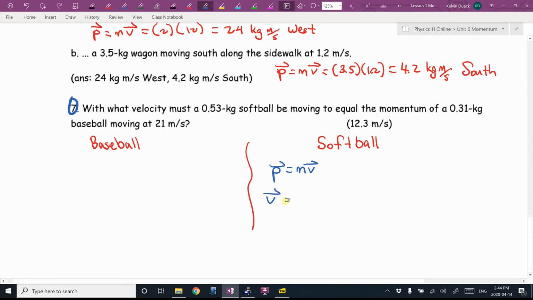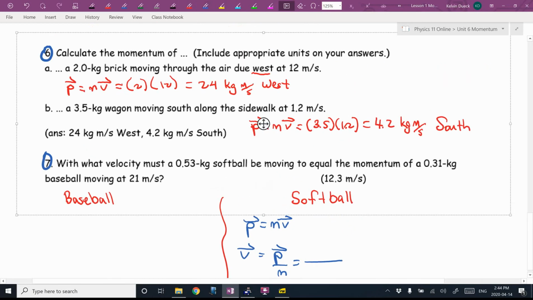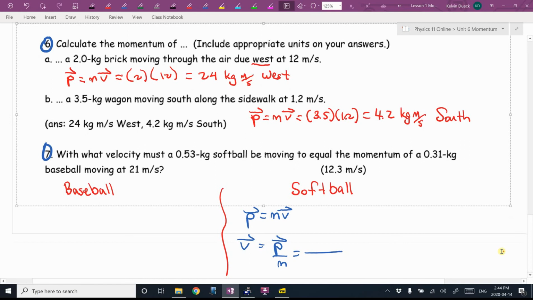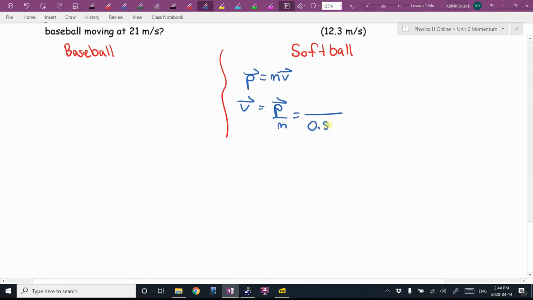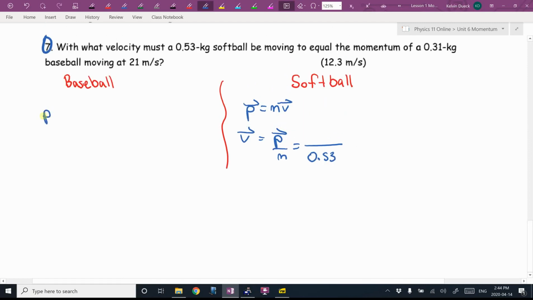That's going to be the momentum divided by the mass. Now, they did give me the mass of the softball, 0.53. What I don't know is the momentum of the softball. Wait a minute. They told me that the baseball has a mass of 0.31 and it's moving at 21.